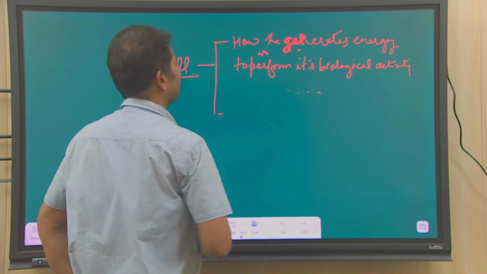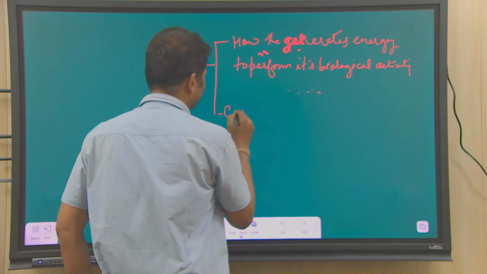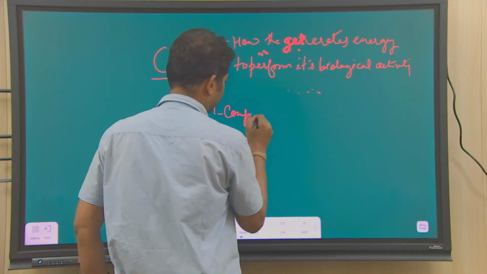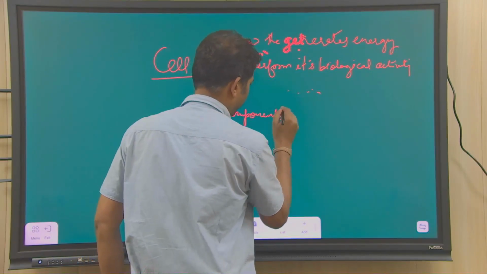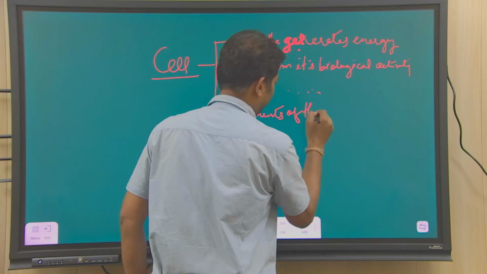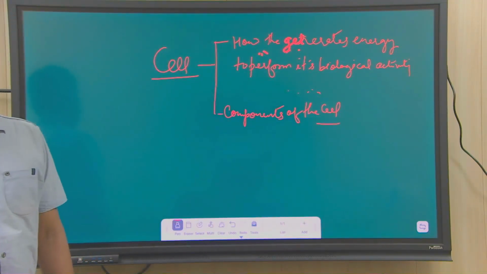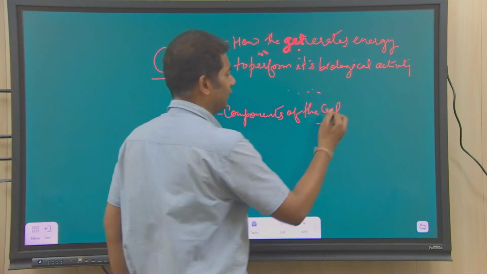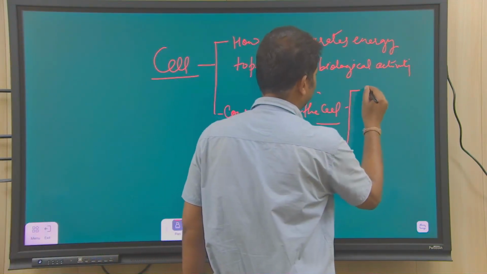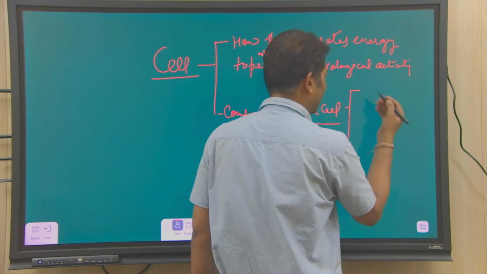And the second is the components of the cell. In components of the cell, we will later discuss, there are 5 components. We named them biomolecules.